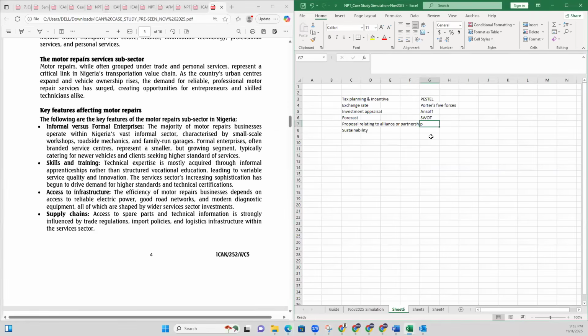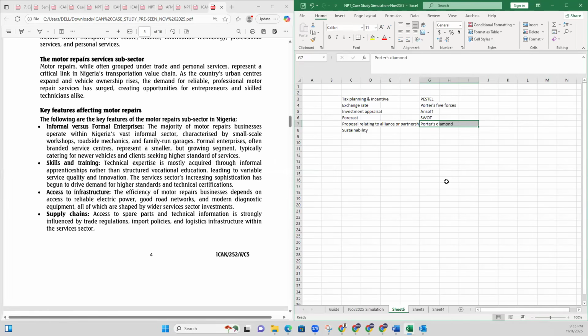Another model that comes to my mind is Porter's Diamond, because if I look at car sale and distribution, and the sectors generally, say car manufacturing or car assembling, Porter's Diamond might be a very key model to understand why those companies in Nigeria might not do well compared to their counterparts in China, Japan, and other countries doing so well in this area.